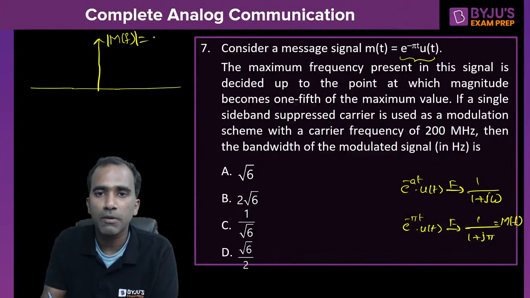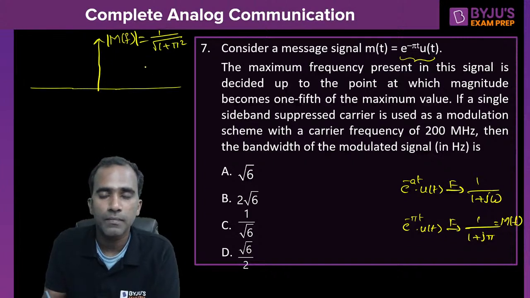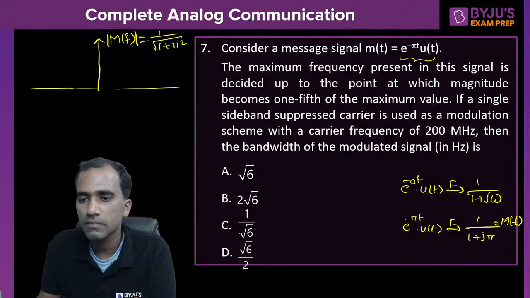So how much is mod m of f? It is 1 divided by root of 1 plus pi square. Magnitude of this is 1 by root of 1 plus pi square. One second, j omega, my mistake, sorry.